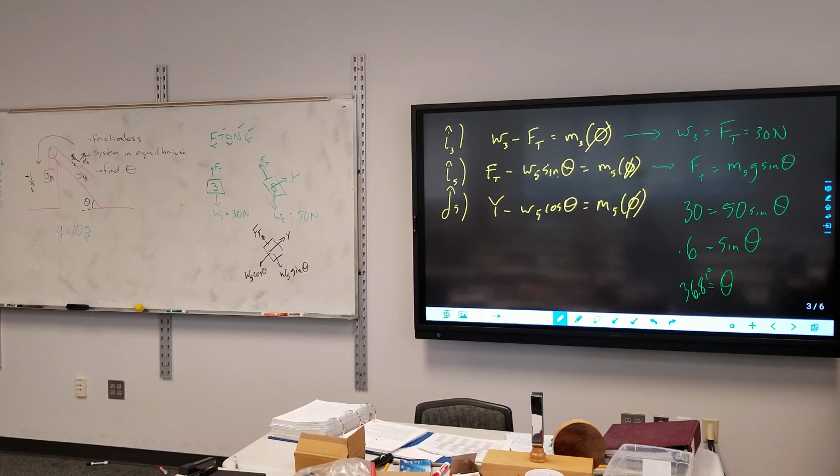Mr. Fox, can you go back over how you got the 0.6? Are you good with this equation? Yes. I'm solving for theta, so I have to first get rid of the 50, divide both sides by 50. Oh, okay. Yeah, it's 36.869, sorry.